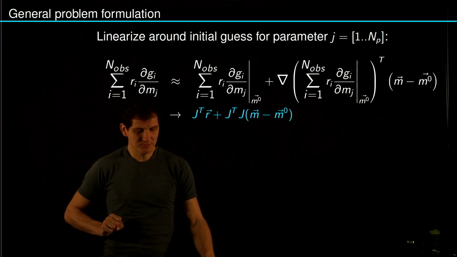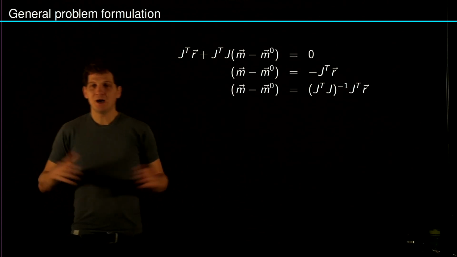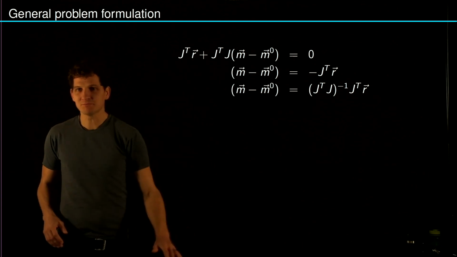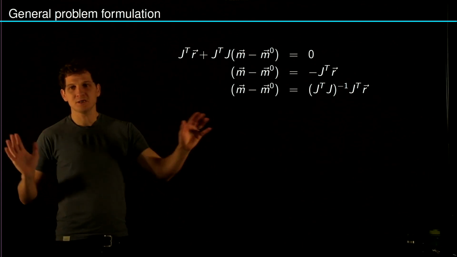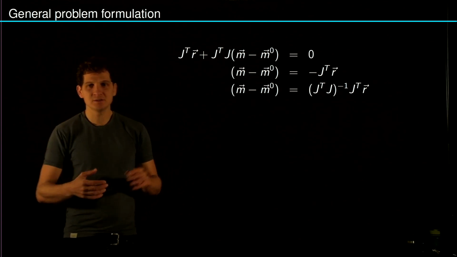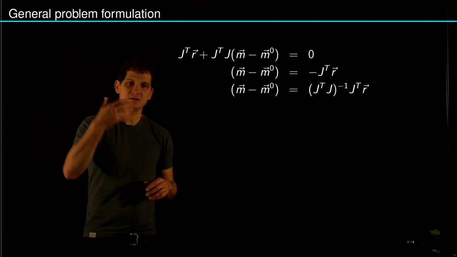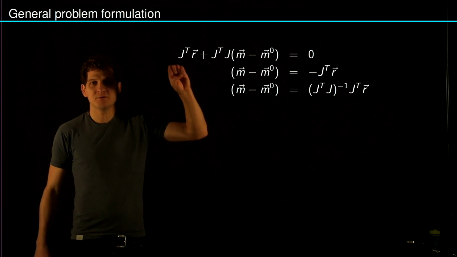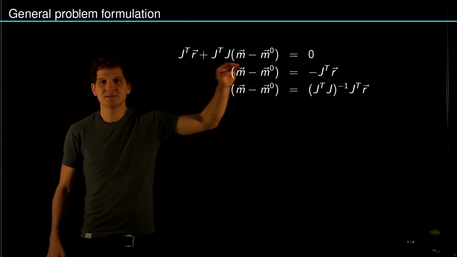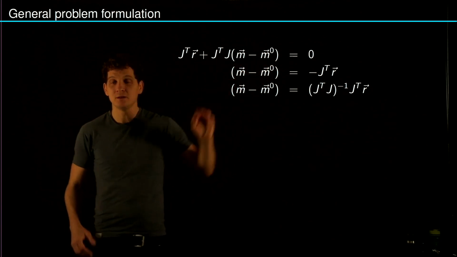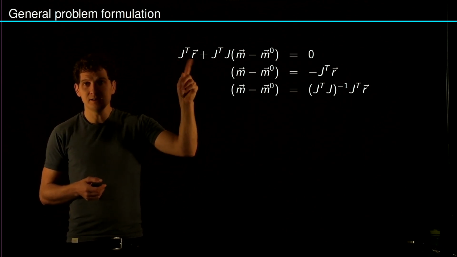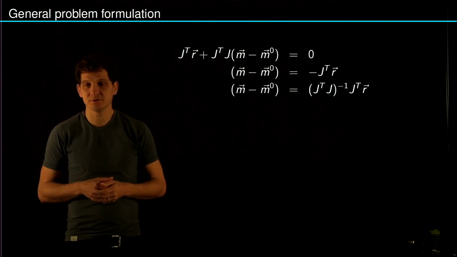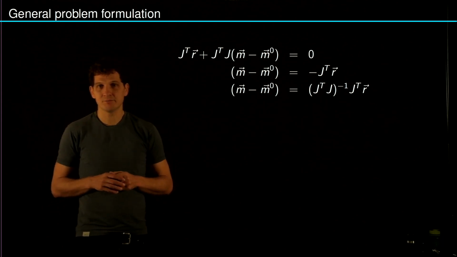But what you should appreciate is that now our entire minimization problem, which contains NP equations, and all of those equations contain summations with respect to the observations and the number of model parameters, all of this can be written in a nice, simple looking equation using the Jacobi matrix and the vector, which contains all the residuals between observations and predictions.